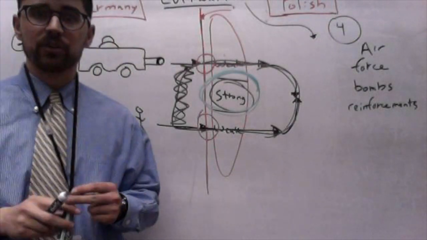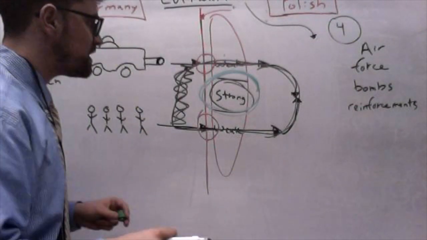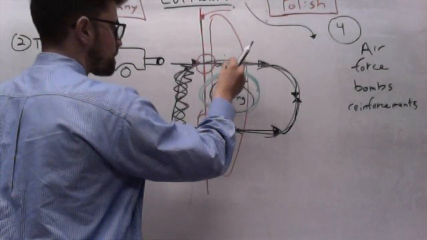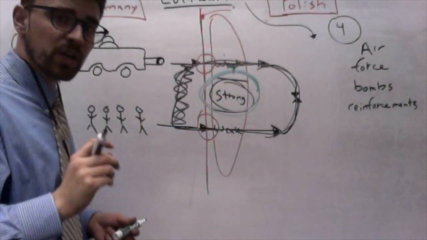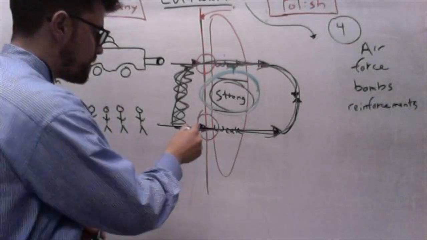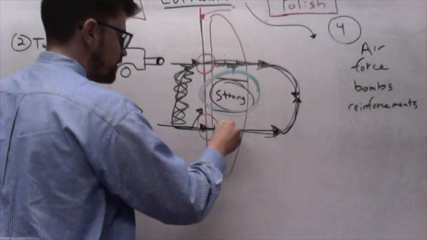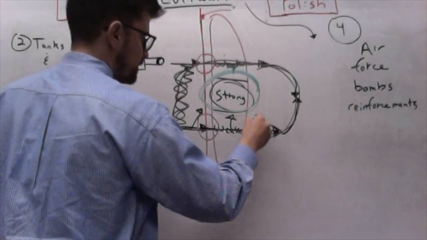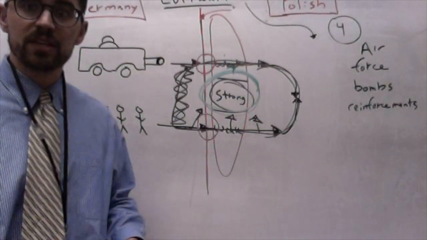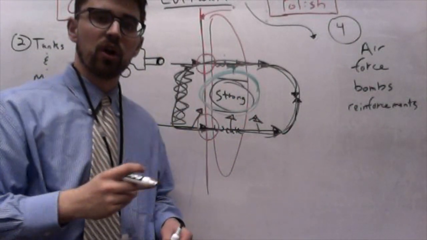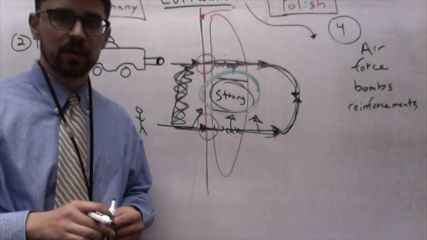They have nowhere to go. If they decide to go this way, what the German troops can do from the backside is attack them from the back and inflict heavy losses as the Polish are running away, so to speak.